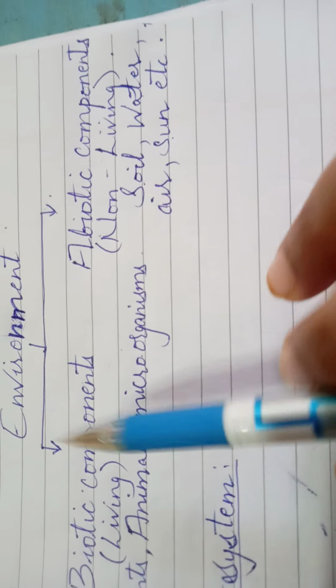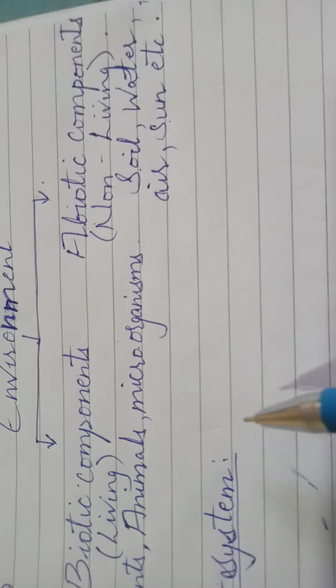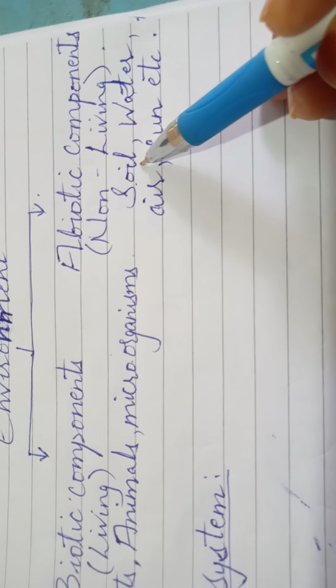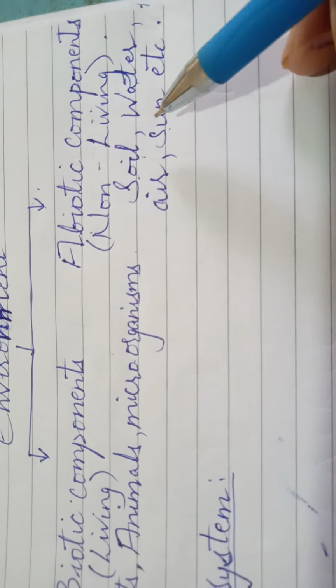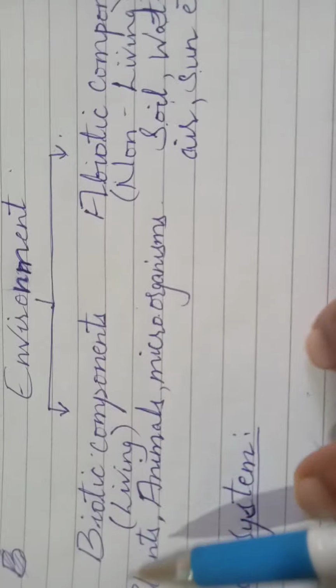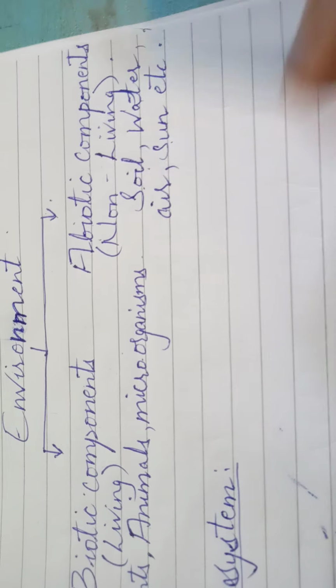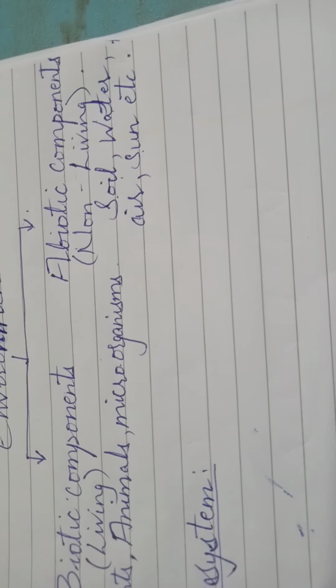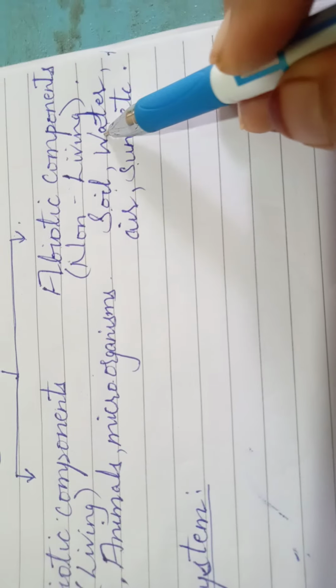Now the question comes, how are these abiotic components dependent upon biotic components? Think about this. Soil is a non-living thing. It cannot move on its own, right? It cannot protect itself. So the roots of the plants are helpful in holding the soil in a particular area. They are responsible for holding the water, the moisture of the soil.